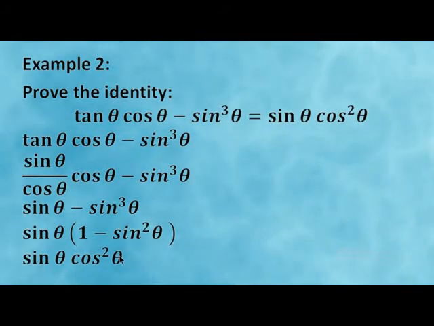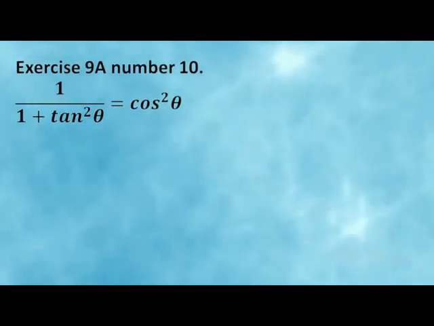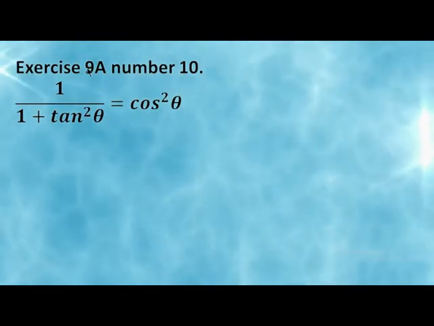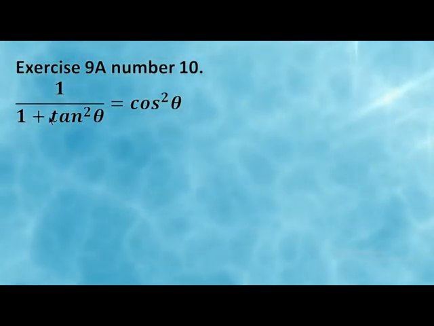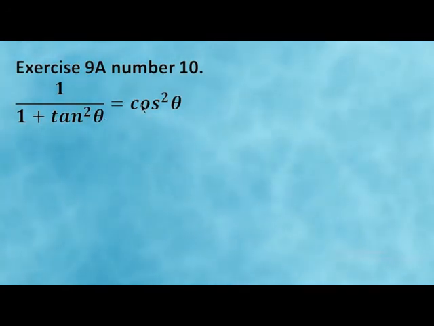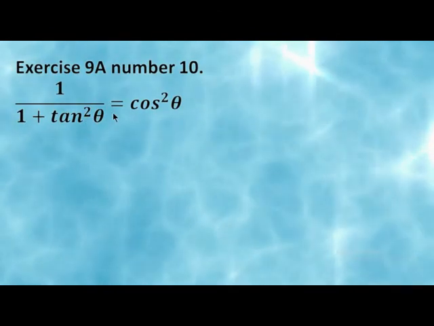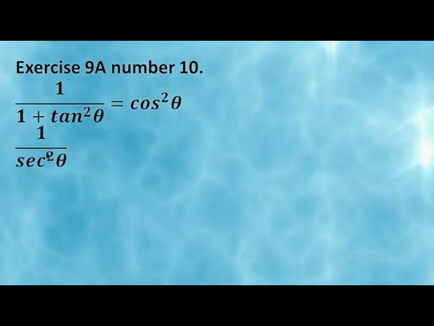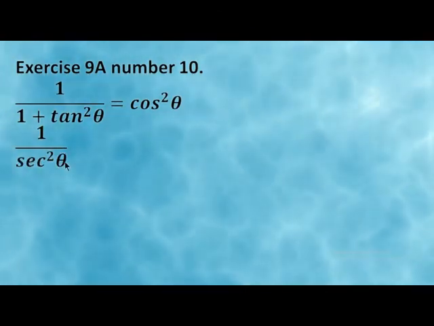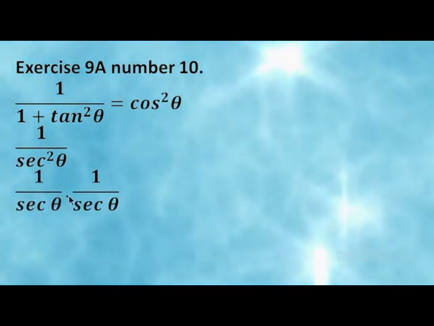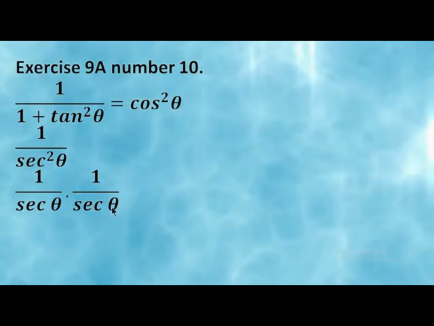So it is proven. Now, in exercise 9a number 10, we're going to prove that 1 per 1 plus tan squared theta equal to cosine squared theta. We know that 1 plus tan squared theta is actually equal to secant squared theta. So it is equal to 1 per secant squared theta.